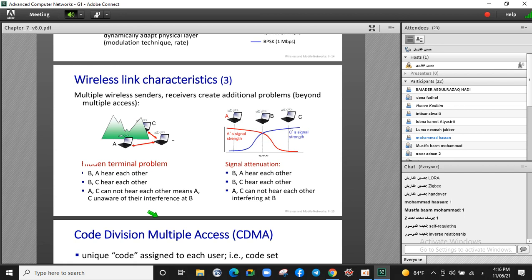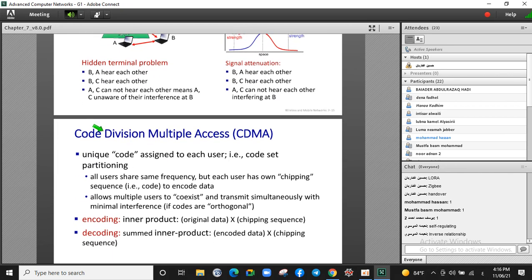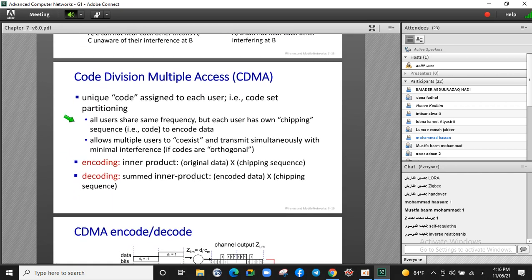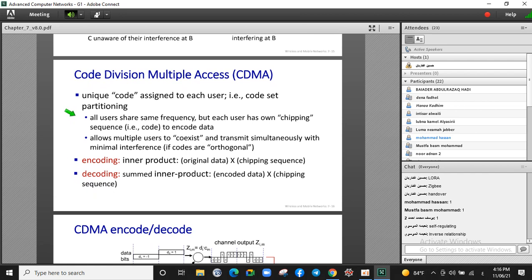So A and C would send information to B simultaneously, and again, the result is a consequence of those signals.